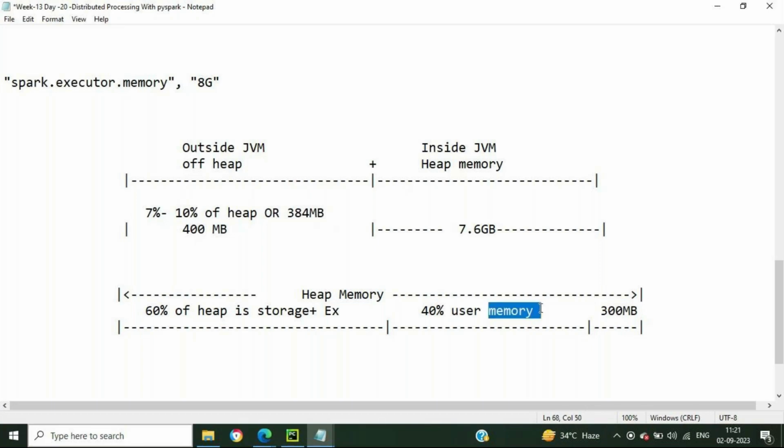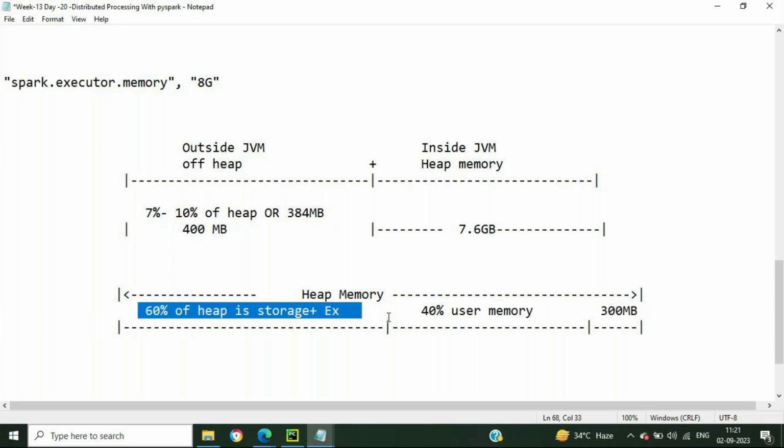User memory is utilized for data structure related stuff and out of memory error related things. Okay, so for those particular stuff user memory is there. Now this particular portion is 60% of heap memory.